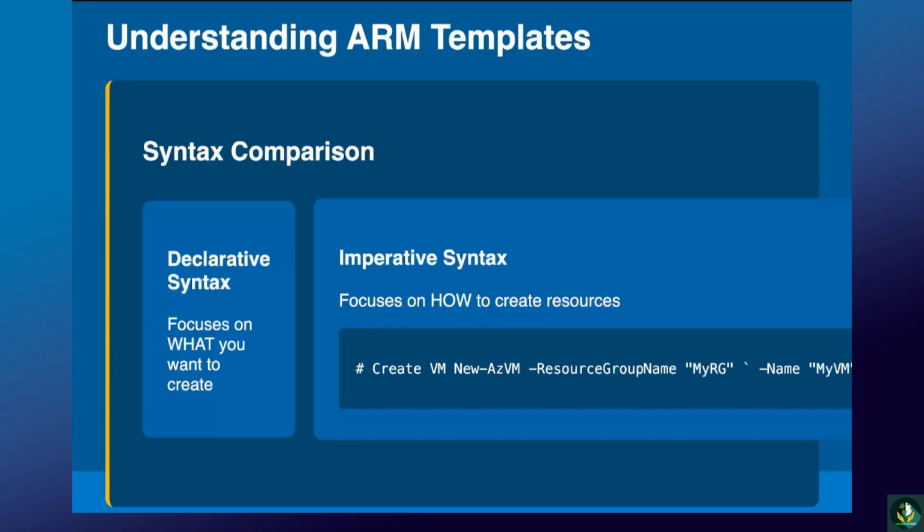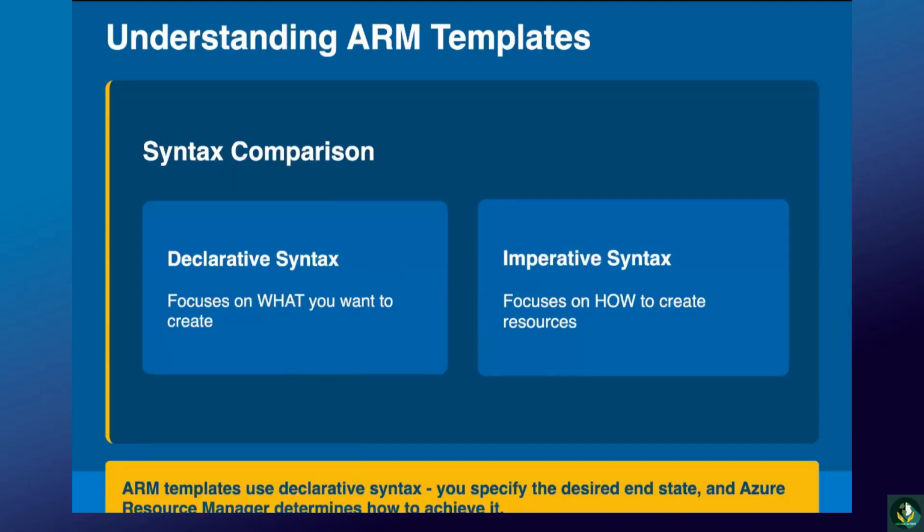For example, run this command to create a VM, then run this command to configure its CPU and RAM. Now, ARM templates use declarative syntax, as I've said, allowing you to define the end state of your infrastructure without detailing the steps to get there.